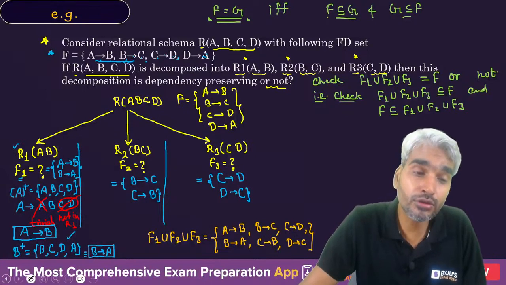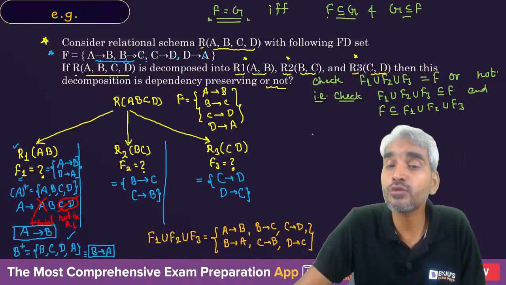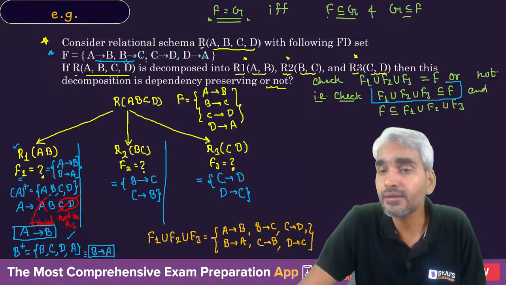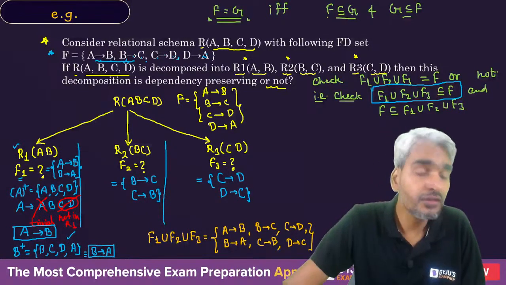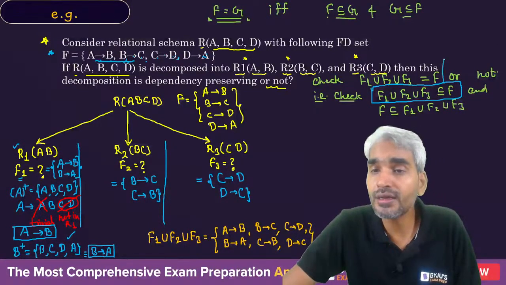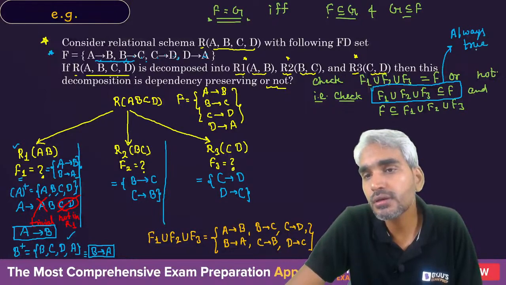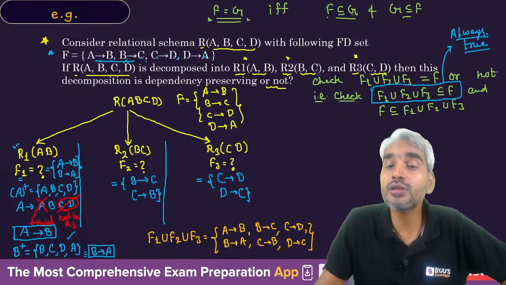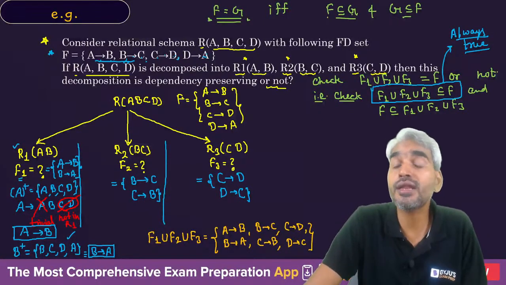Now one thing you need to understand is that the FDs of F1, F2 and F3 are derived from this FD set F only. Therefore, this thing will always be true. You don't need to check for this. You only need to check whether F is a subset of F1 union F2 union F3 or not.